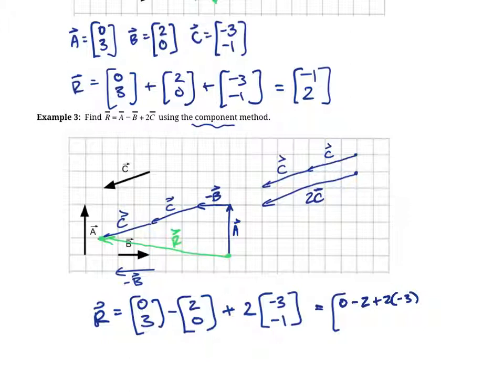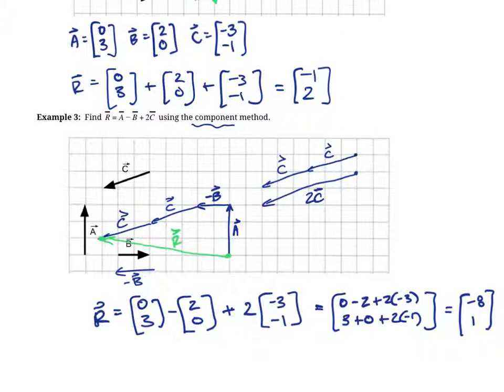And for the y component, it's 3 plus 0 plus 2 times negative 1, right? So then if we simplify that, what are we going to get? Negative 2 minus 6 is negative 8, and then 3 minus 2 is 1.